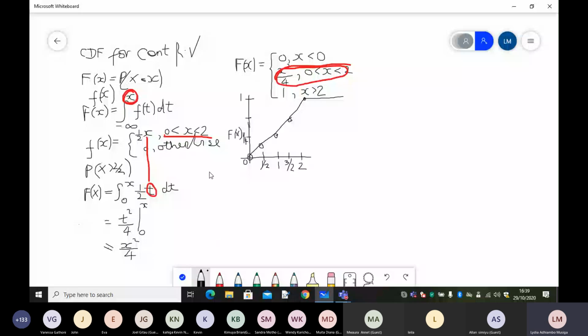In some books, you'll find that the random variable x is just denoted as less than 2 or greater than 0. In some books, they say less or equal to 2, greater or equal to 0.